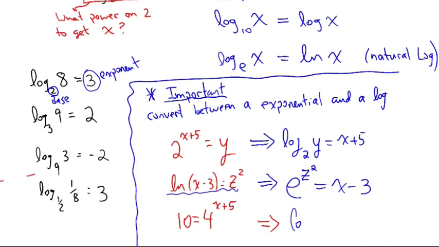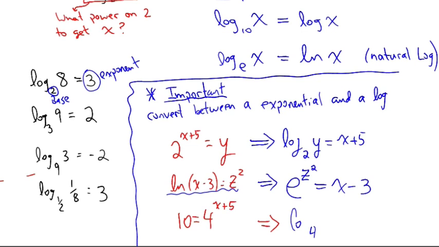And then you ask yourself, what's the base? So it always comes back to, what is the base of that thing? Whether it's logarithmic or exponential, you have to say, what's the base? The base is 4. What goes there?